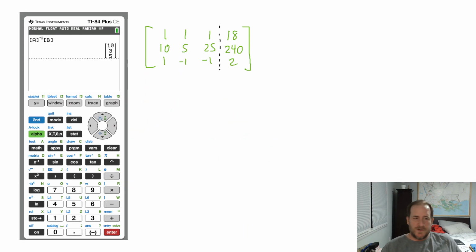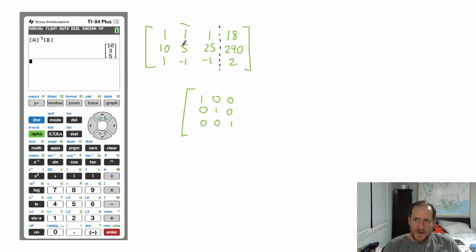But what you can do now is put your matrix into something called reduced row echelon form. And reduced row echelon form is where you basically turn the 3 by 3 part into an identity matrix, 1, 0, 0, 0, 1, 0, 0, 0, 1.